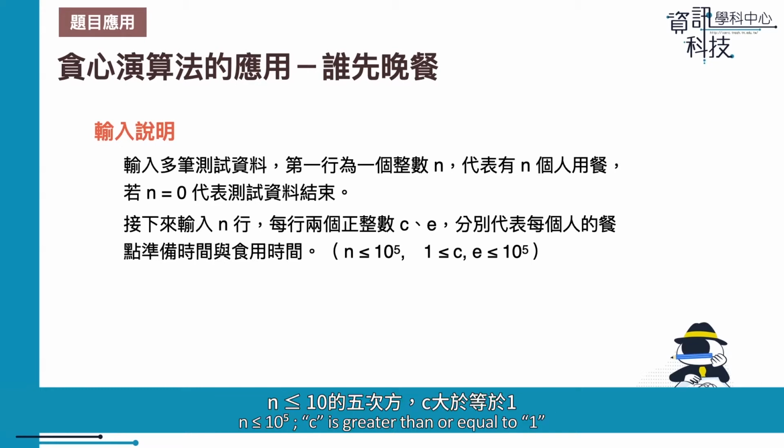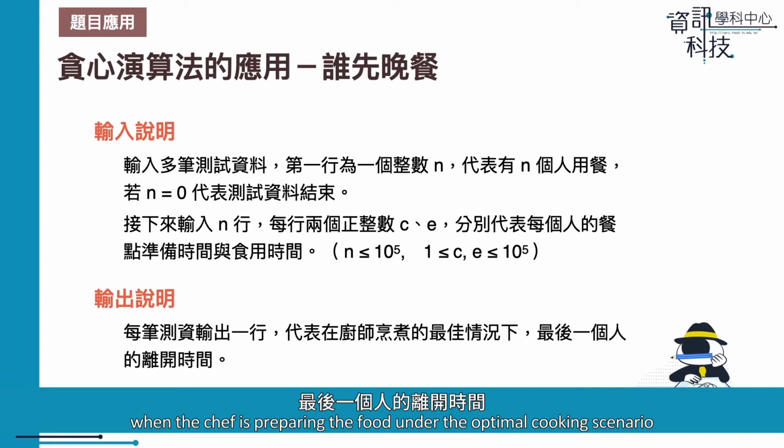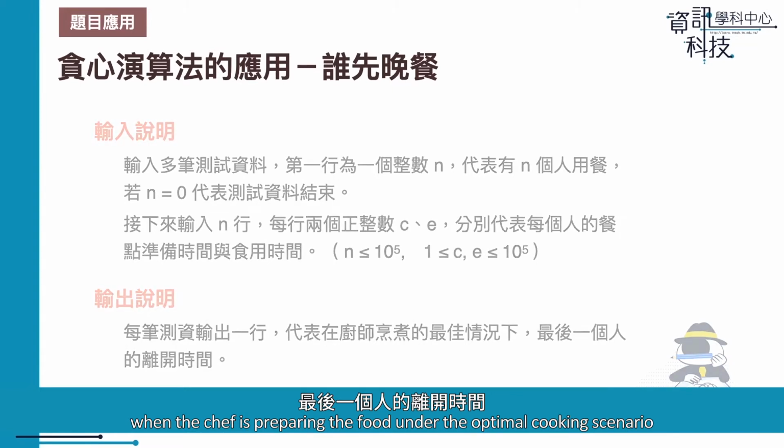N is less than or equal to 10 to the power of 5, C is greater than or equal to 1, and E is smaller than or equal to 10 to the power of 5. Output instructions. Output 1 line for each test data entry, representing the leaving time of the last customer when the chef is preparing the food under the optimal cooking scenario.